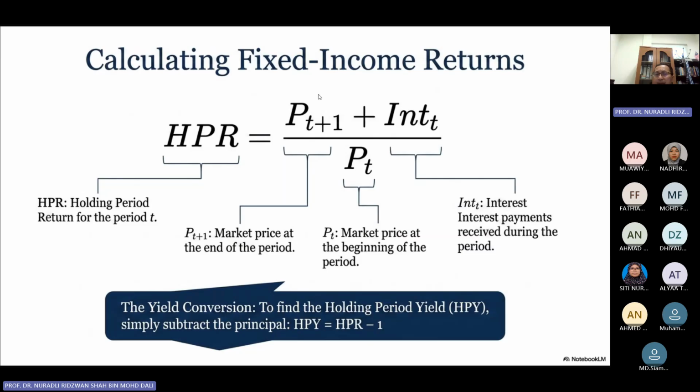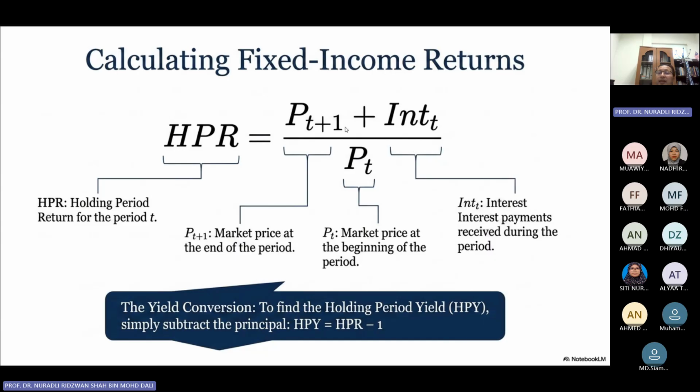This includes your capital gain plus your interest. In the stock market, this is the price of the share at T plus 1, including capital gain plus dividend, divided by the price when you initially buy the stock.